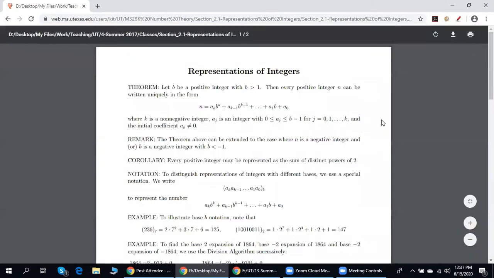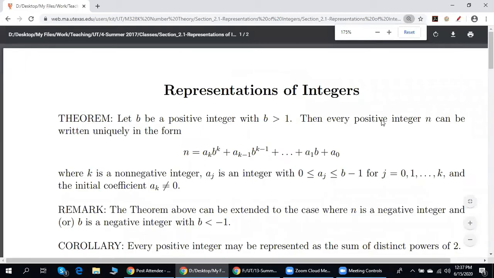Section 2.1, representations of integers. Let b be a positive integer which is greater than 1. Every such integer can be written uniquely in this form, where k is a non-negative integer.